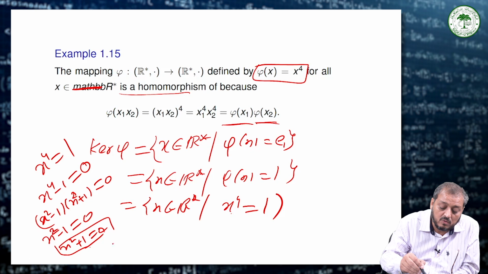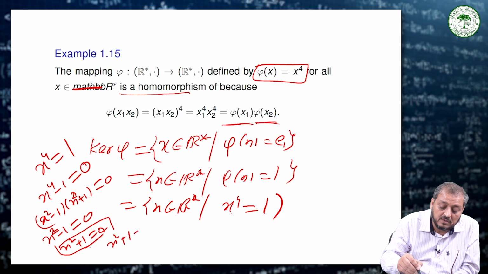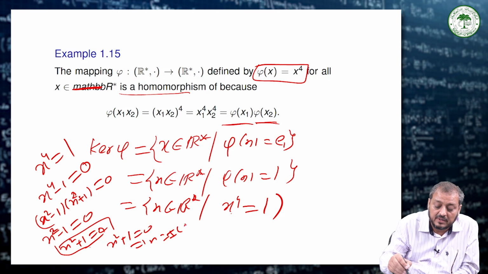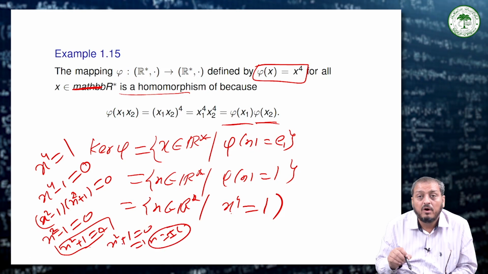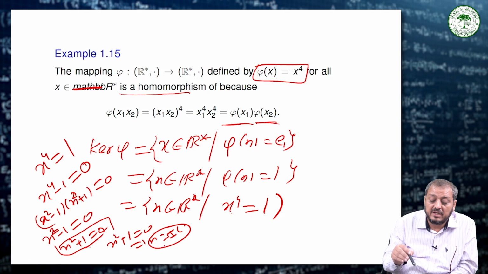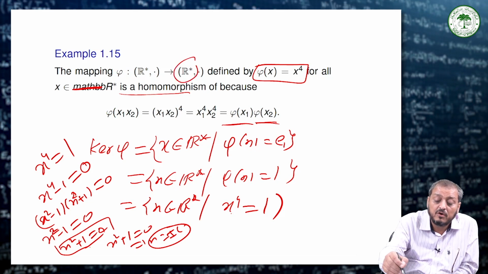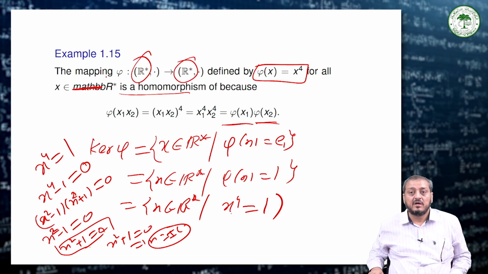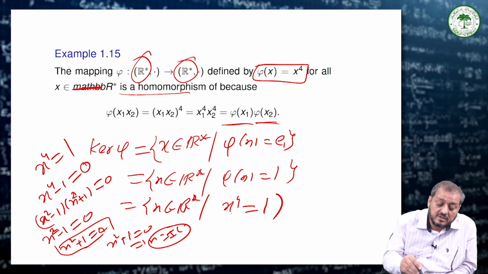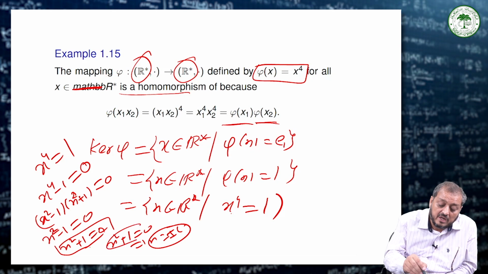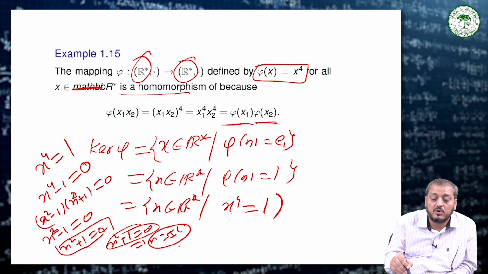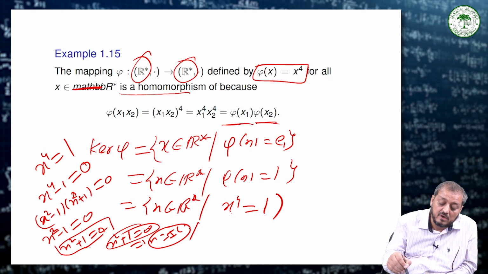Whenever x square plus 1 is equal to 0, then x is equal to plus or minus i. That is not possible, because the set we are taking has all non-zero real numbers, but here x would be imaginary. So this case is not possible.